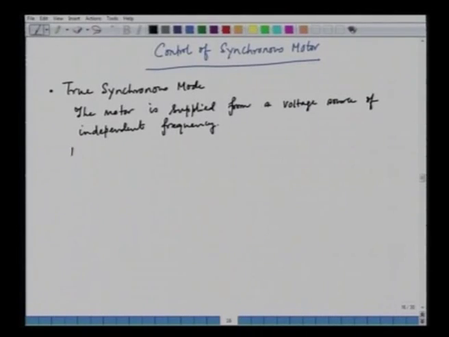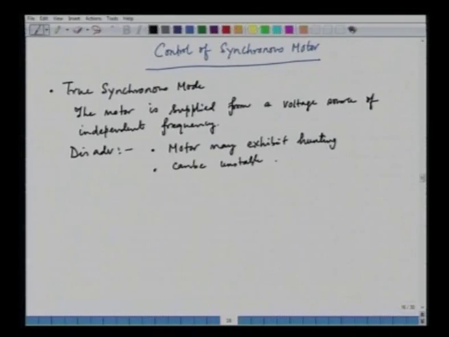So, the disadvantage here: the motor may exhibit hunting and can be unstable for large transients.